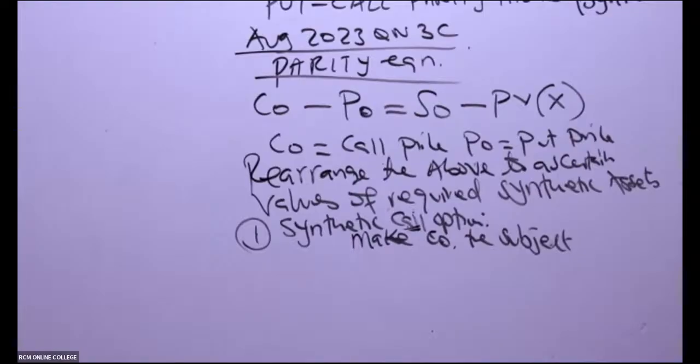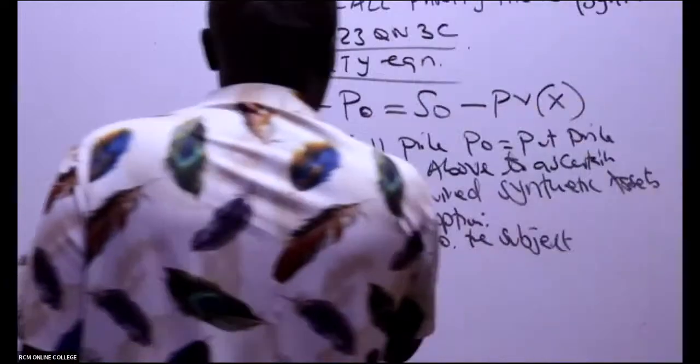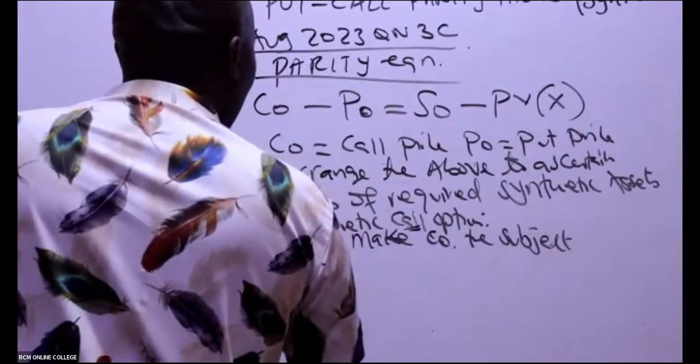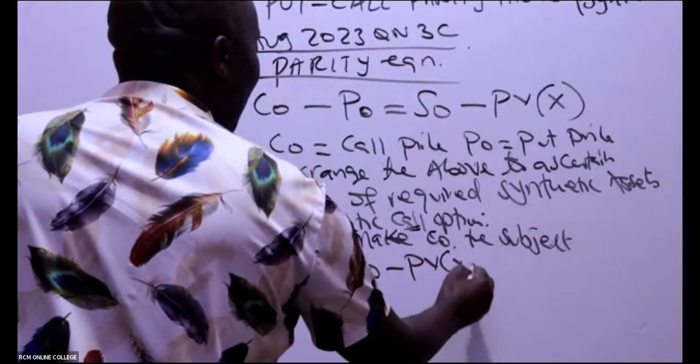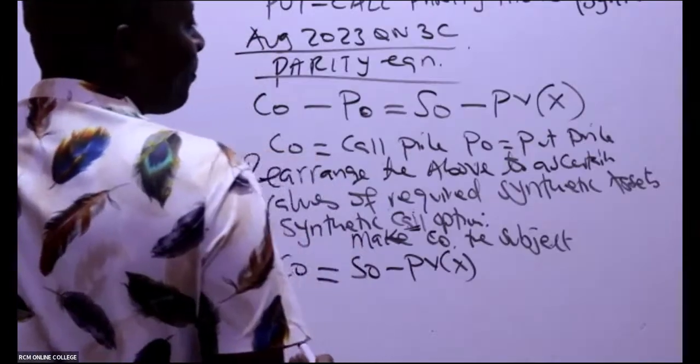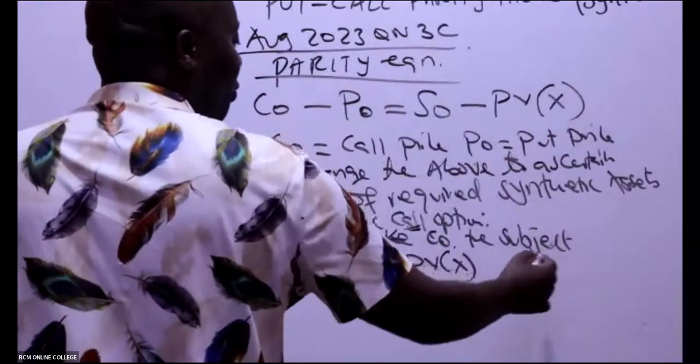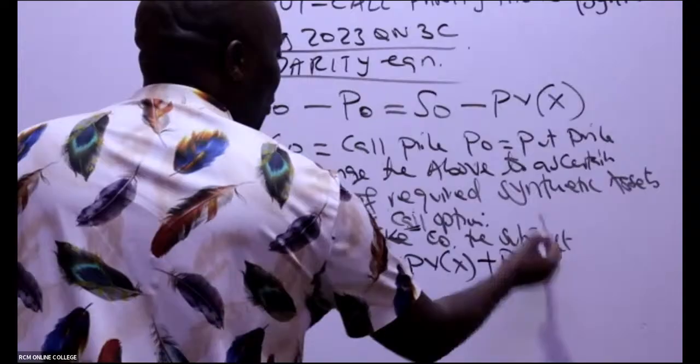It's very, very easy. So in this particular case, if they want to make CO the subject, CO will be equal to SO minus PV of X, plus PO, because this is going to the other side.